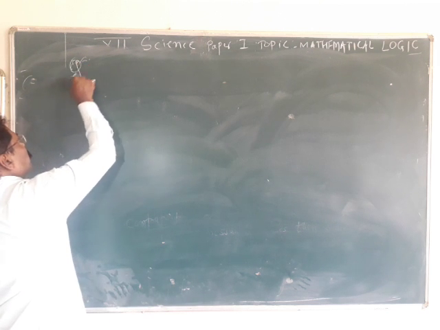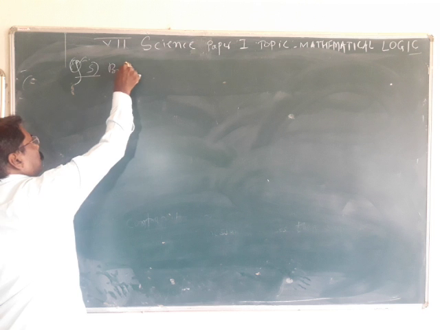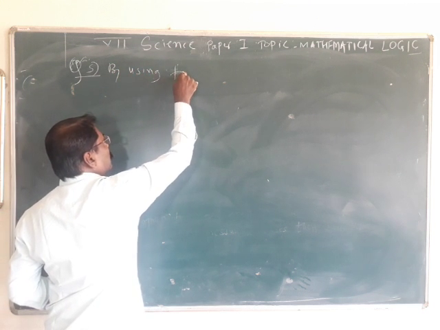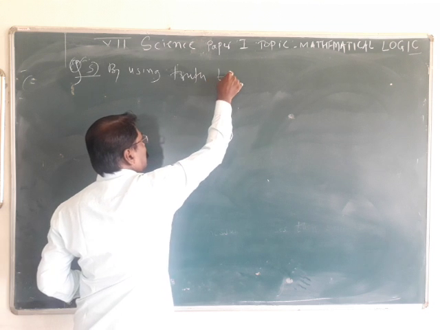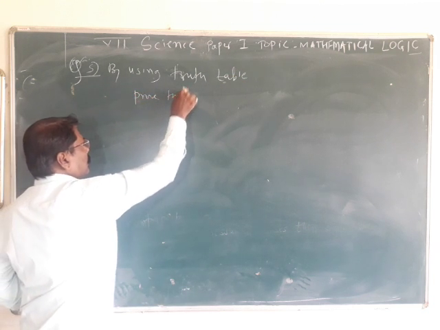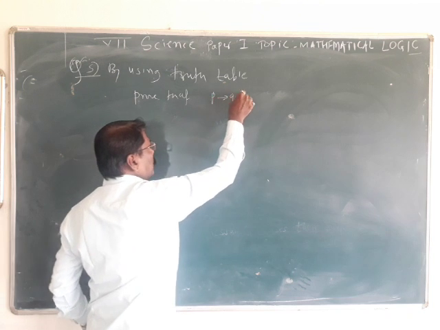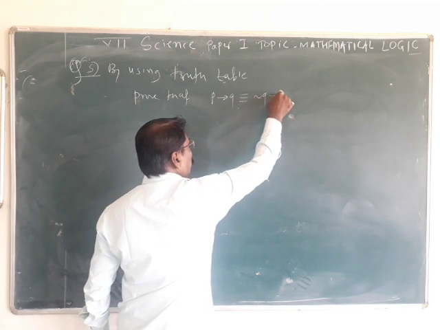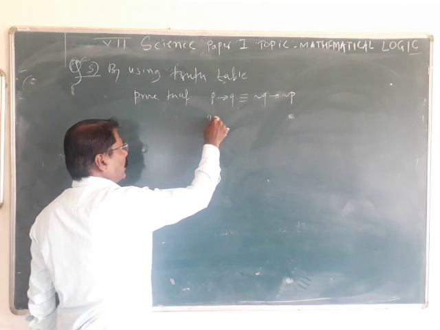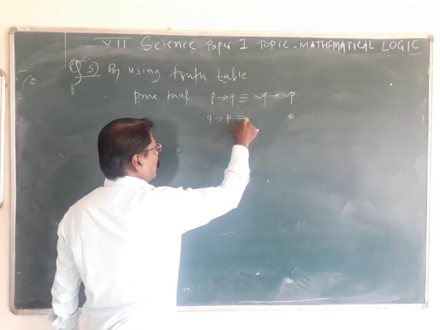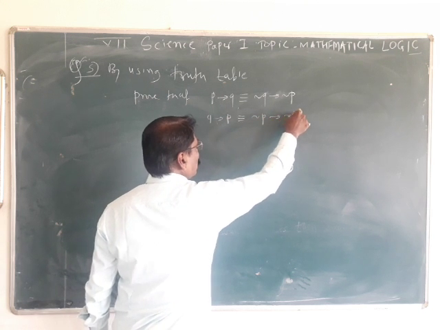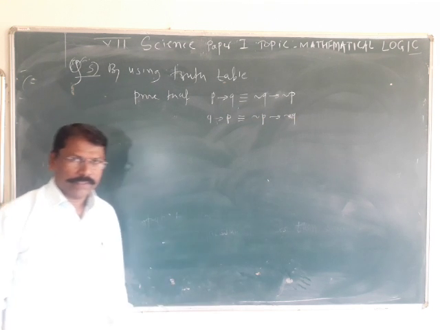So by using statement pattern or truth table, prove that P implies Q and its contrapositive are equal, and second, Q implies P and its contrapositive, negation of P implies negation of Q, are identical statements.